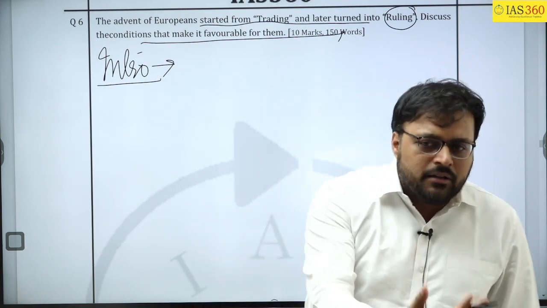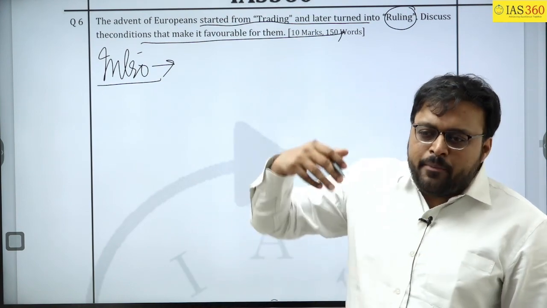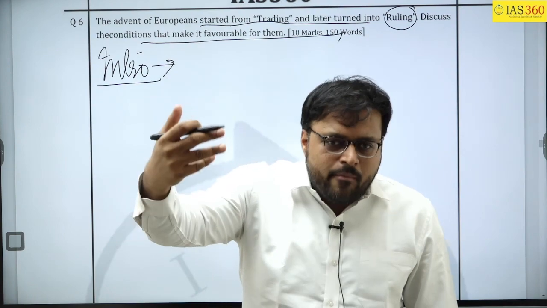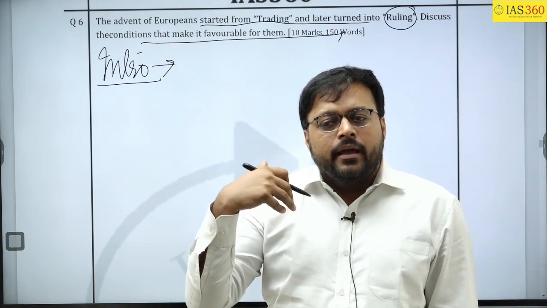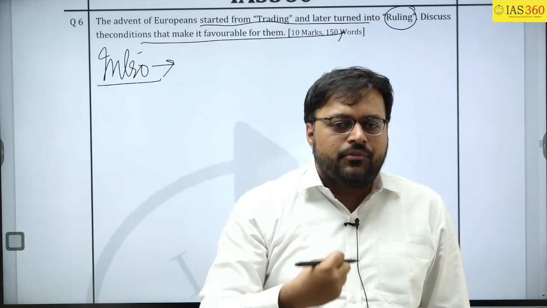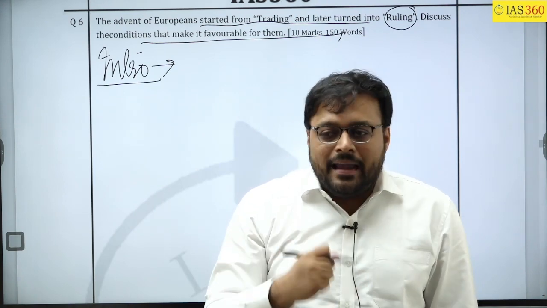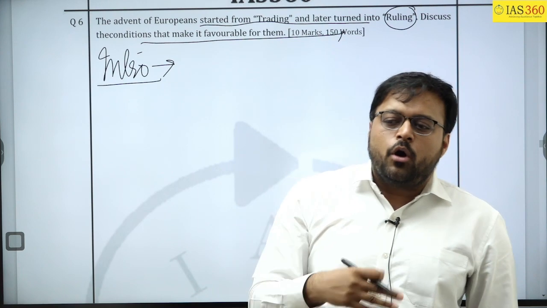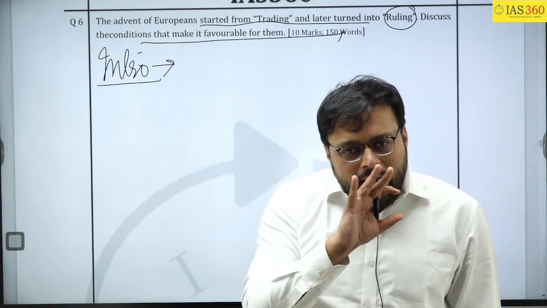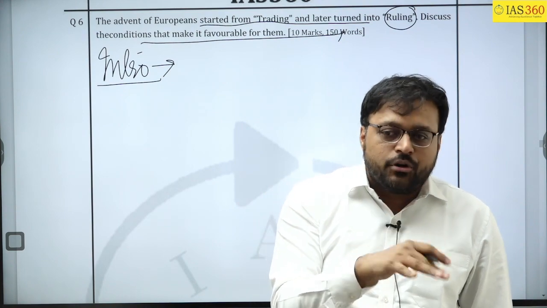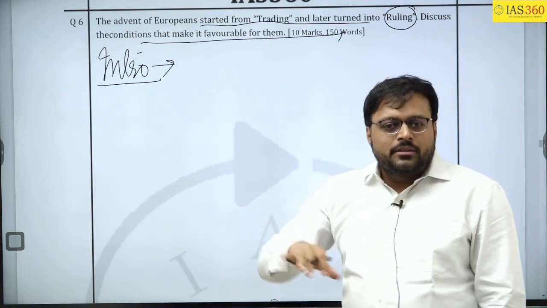First they set up their industry. Even at the time of Jahangir, Thomas Roe came into India and talked about establishing trading relations. But later, with Robert Clive and the Battle of Buxar, trading turned into ruling. So this can be your introduction.